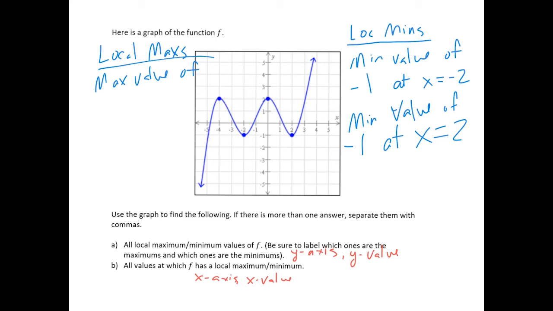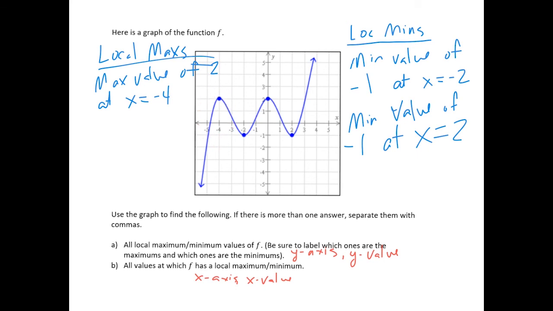So it's a max value of 2 at x equals -4 by looking to see what the x coordinate is. That's my first local max.